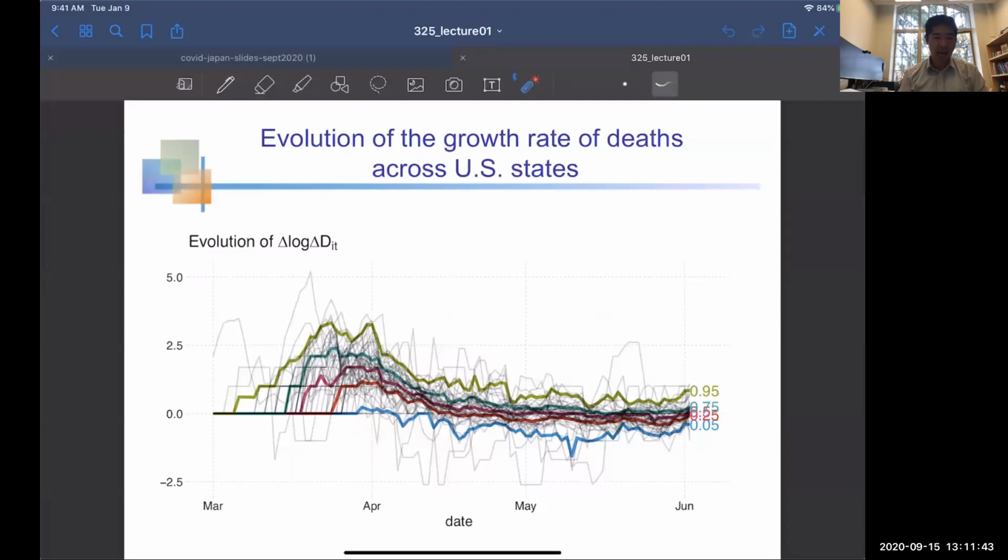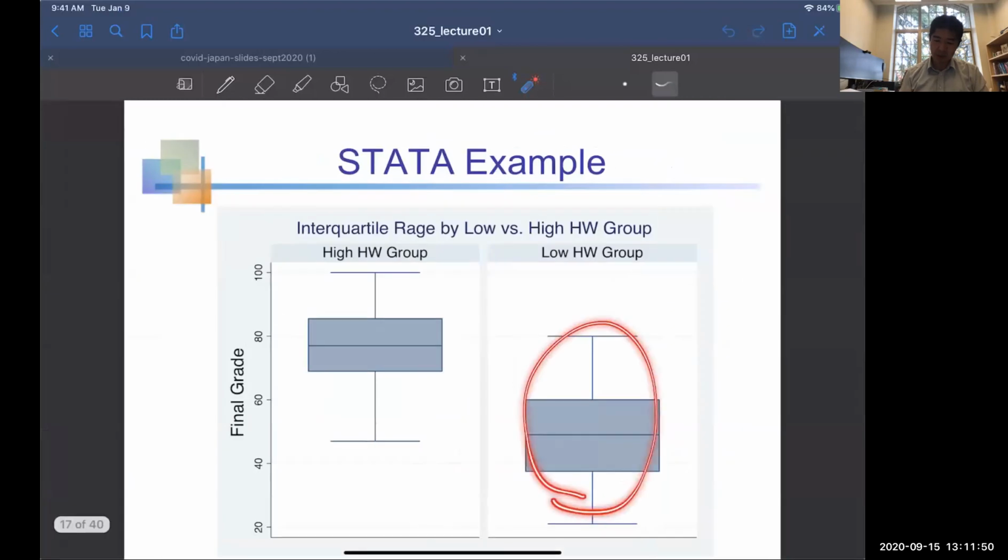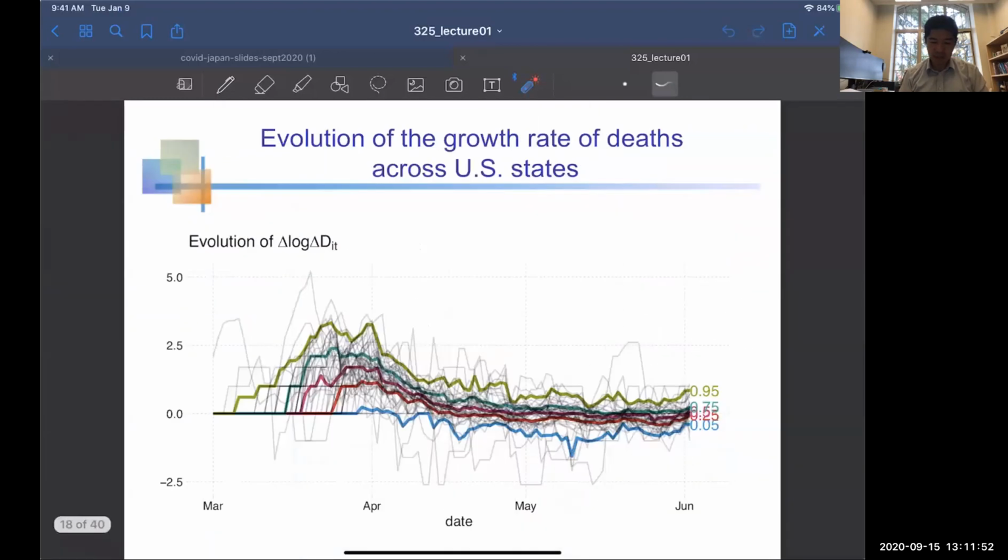You have the data like that. So on that data, you can always construct this type of box plot, okay? But we'd like to plot that information over time. How am I gonna do it? I am actually computing the 25th percentile and the 75th percentile of the growth rate across the 51 states.